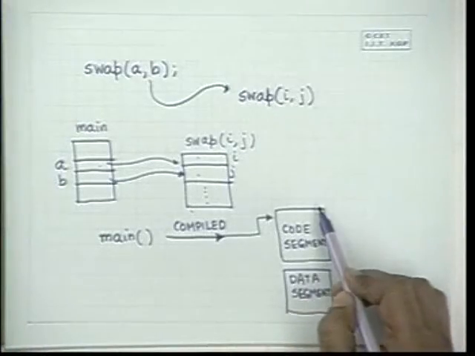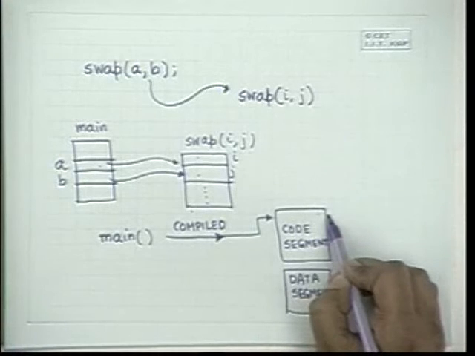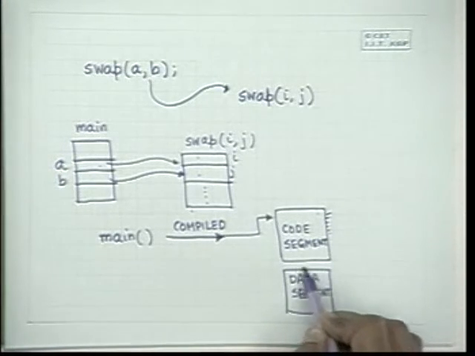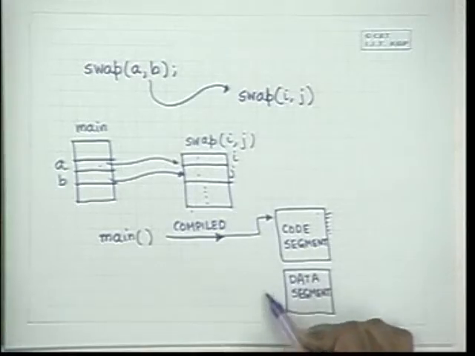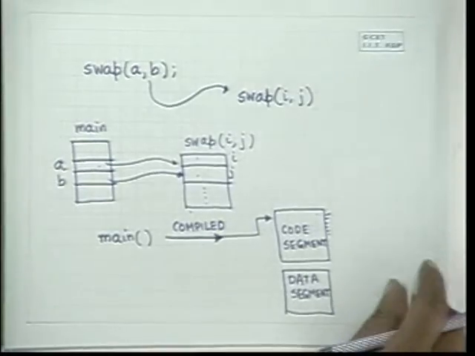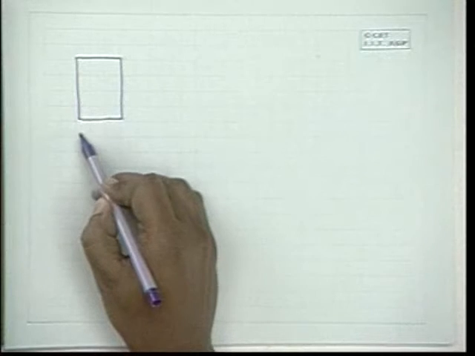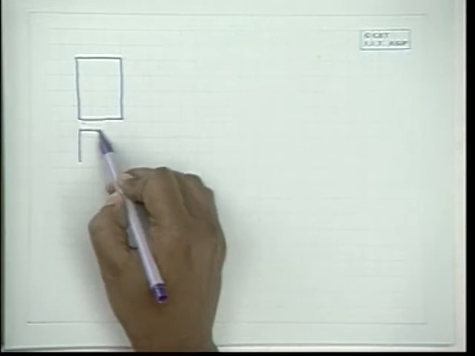So there is a code segment and there is a data segment. Now whenever a function is called, the code segment starts executing and a new data segment is created for that function. So let us see slightly in more detail how this works. Suppose we have a code segment for a main program and a data segment for the main program.